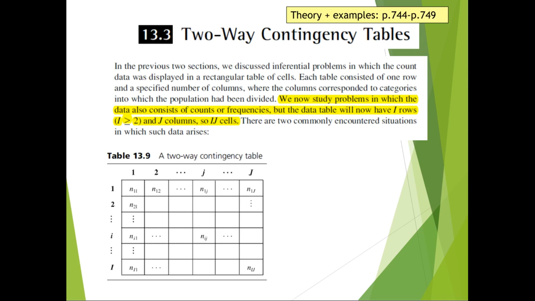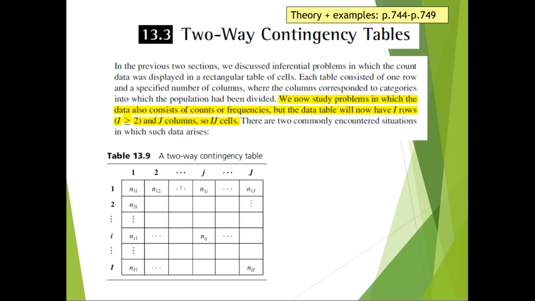And in the table, we have frequencies, so note the n to represent a count or a frequency, and the first subscript indicates a row and the second subscript indicates the column. So this is the kind of data that our analysis will be based on.